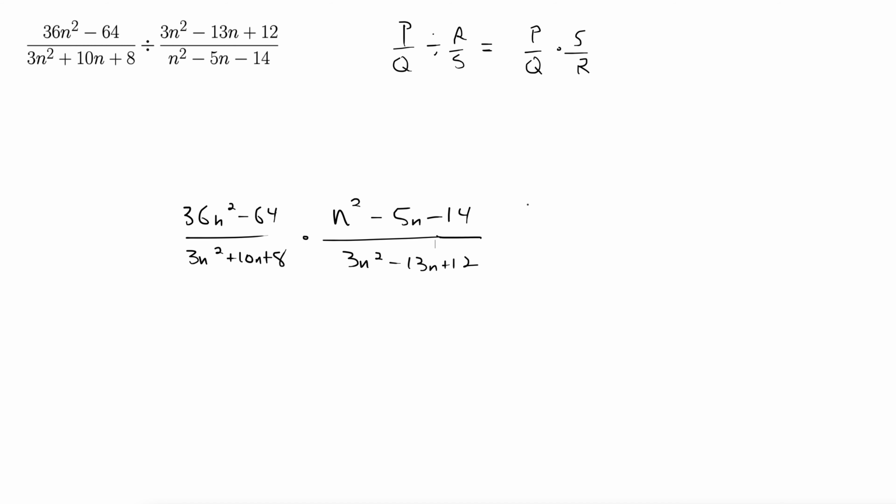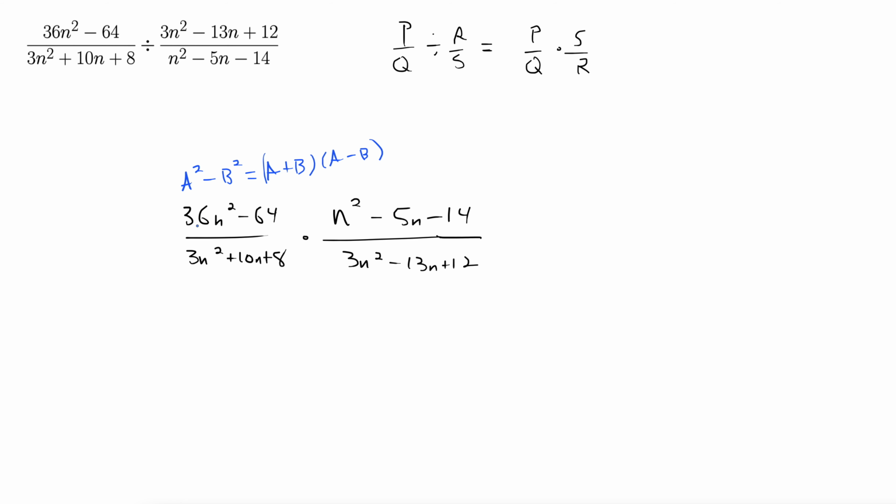Let's see, this 36n squared minus 64 is the difference of squares, and something funny is going on here. Watch. A squared minus b squared factors as a plus b, a minus b. So this is going to be a cautionary tale.